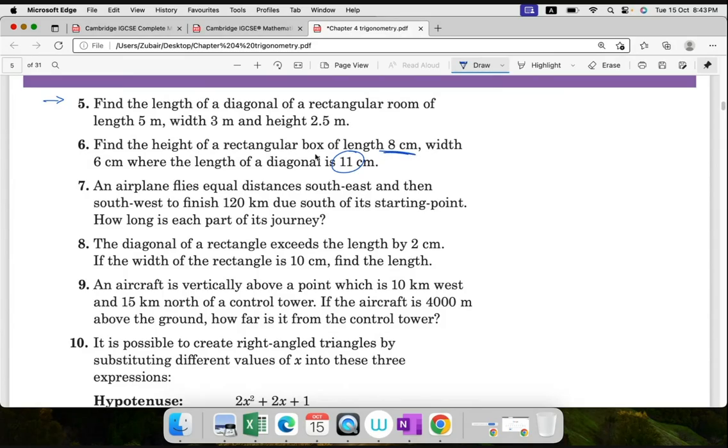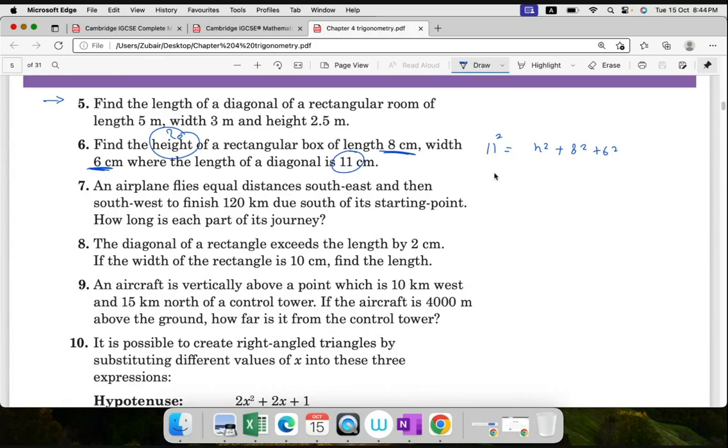So we have one side, we have other side, and the height is unknown. So that would be 11 on one side. That was square root height square plus 8 square plus 6 square. Or we can just ignore this square root and take squares on all sides. So longest side, the diagonal on one side and all three sides on the other side, and this was positive sign.